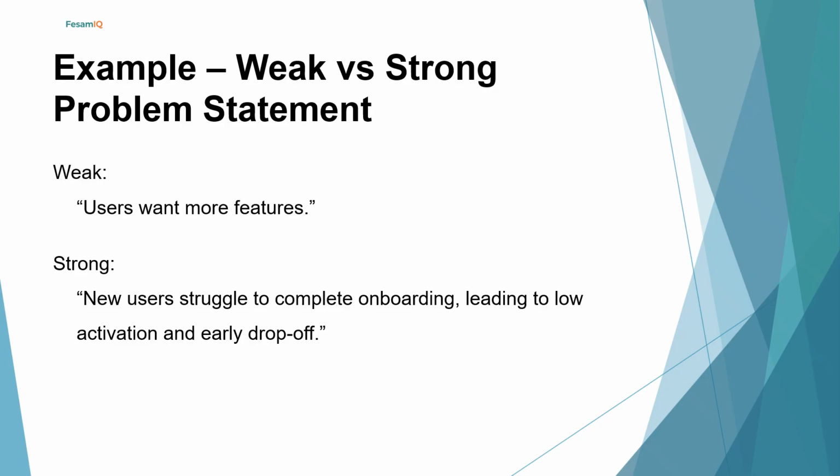It leads to low activation and early drop-off. Is that clear? The strong example is specific, measurable, and focused on user pain and impact. It gives the team a strong, clear direction without telling them what to build.